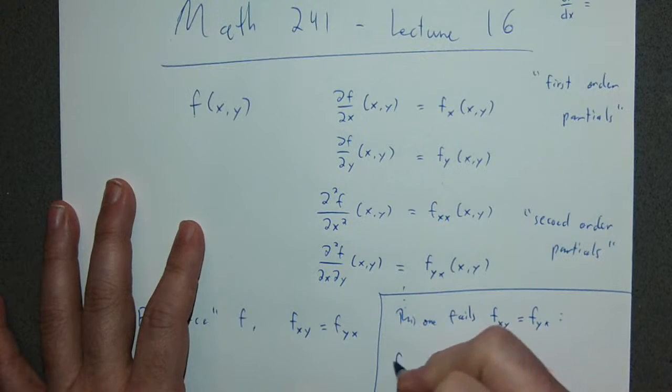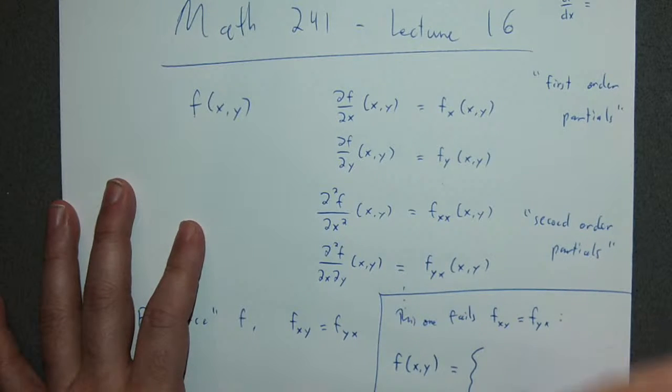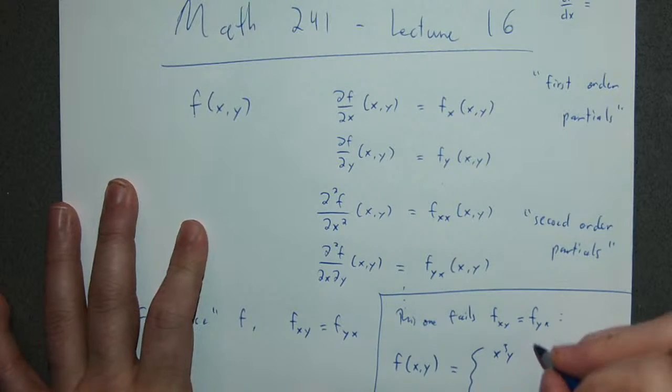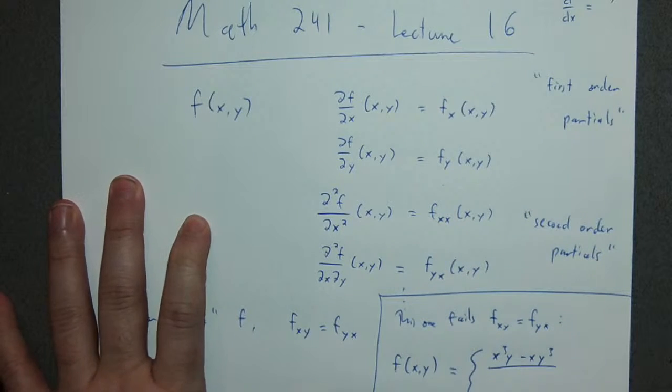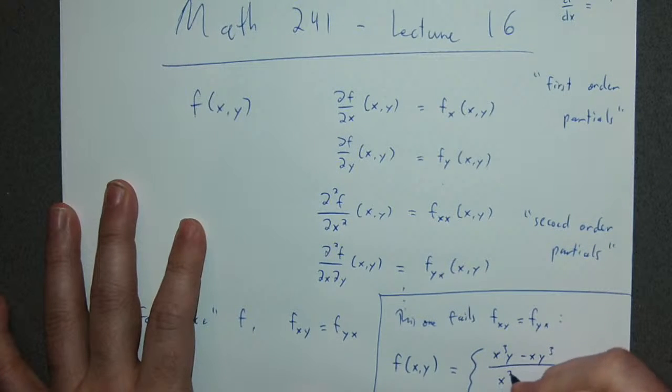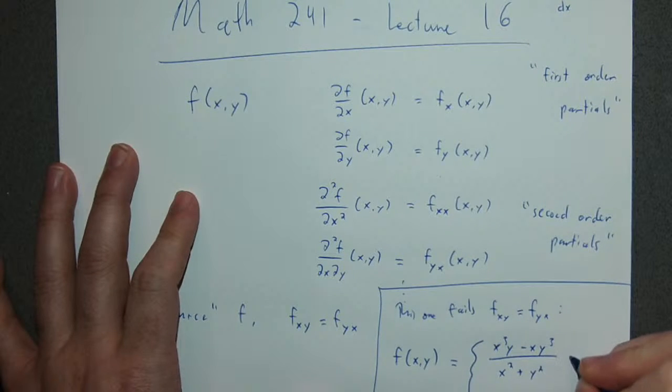So if you want to see a function that fails this, define the piecewise function that is x cubed y minus x y cubed over x squared plus y squared. And that is true everywhere except at the origin, for x y not equal to the origin.